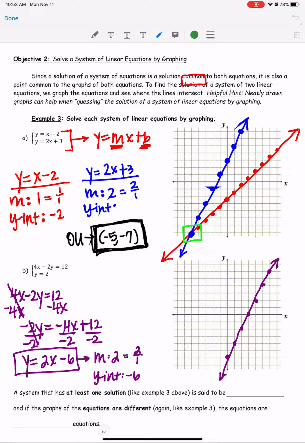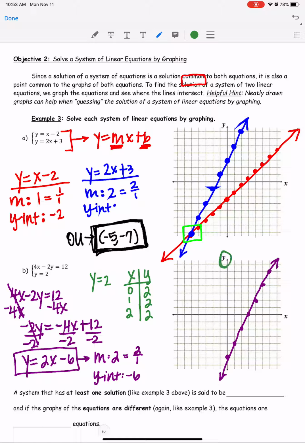And then my next one is y equals 2. If you're unfamiliar with whether that goes horizontal or vertical, you can make a little chart. We know that y is always going to be 2, and so we can just put in any numbers we want for our x.